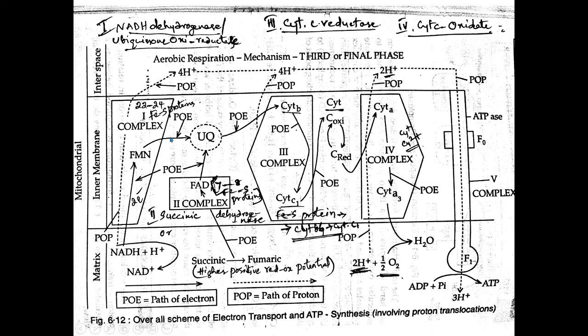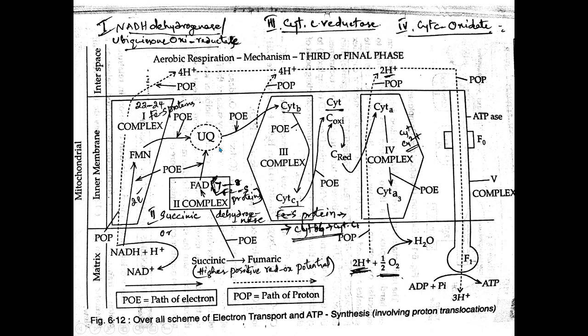It's very easy. This is complex 1, NADH dehydrogenase. This is complex 3, cytochrome C reductase, and this is complex 2, and this is complex 4. All these are enzyme complexes.